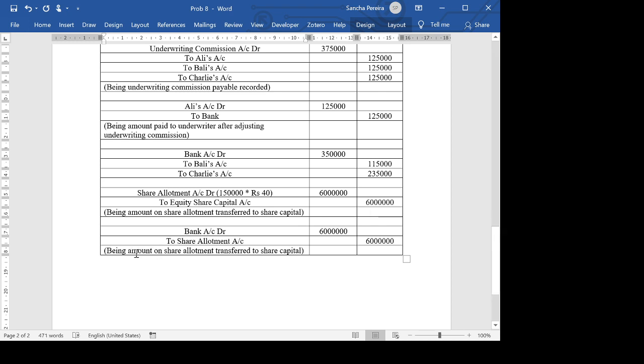Okay, that's where being allotment money receipt. If you want, you can write on 1,50,000 shares at the rate of rupees 40 per share. Okay, so these are the entries. These are the two extra additional entries that we did in this problem only because they mentioned the allotment.